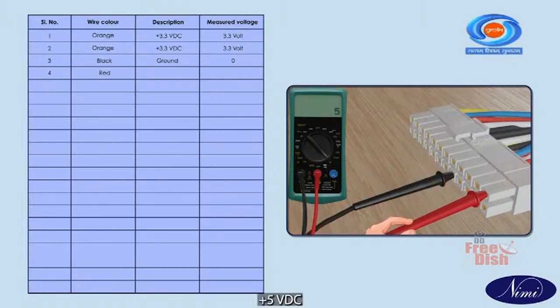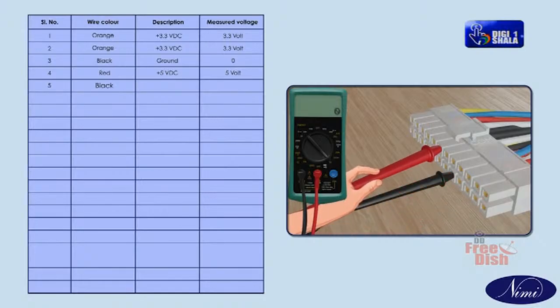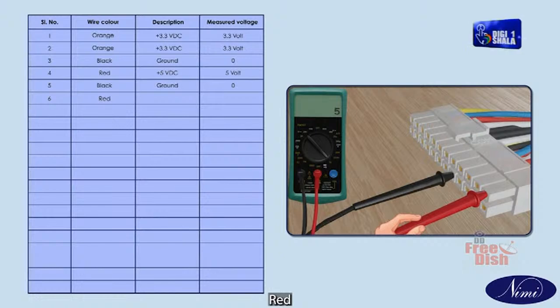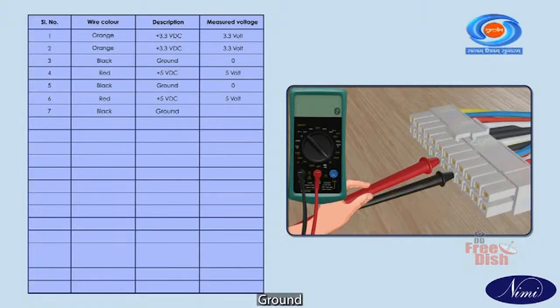Red. Plus 5 VDC. 5 volt. 5. Black. Ground: 0. 6. Red. Plus 5 VDC. 5 volt. 7. Black. Ground: 0.